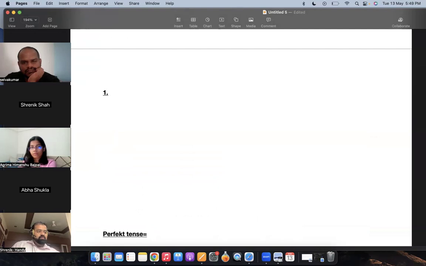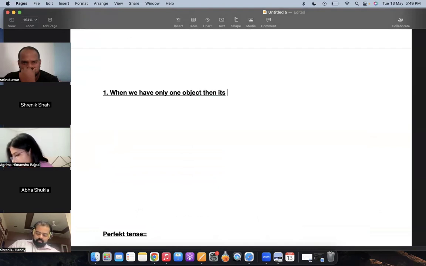First rule is when we have only one object, then it's a direct object. First of all, this is not including any exceptions, because exceptions we will study later on. But for now, this is the rule. Direct means it's an accusative object.